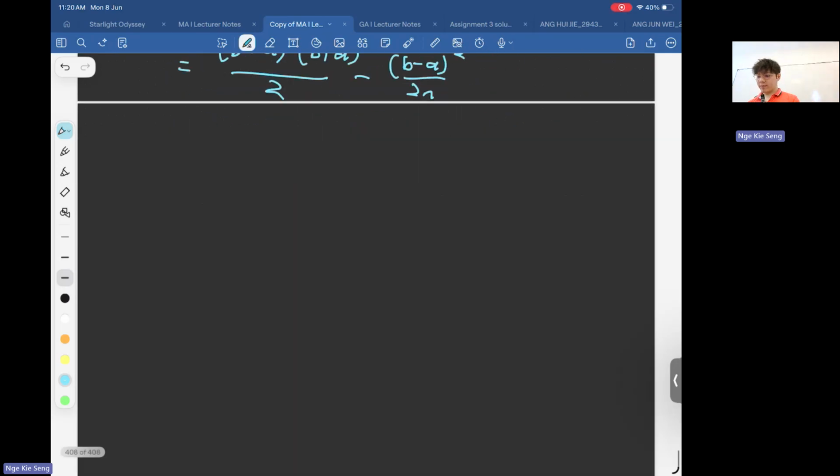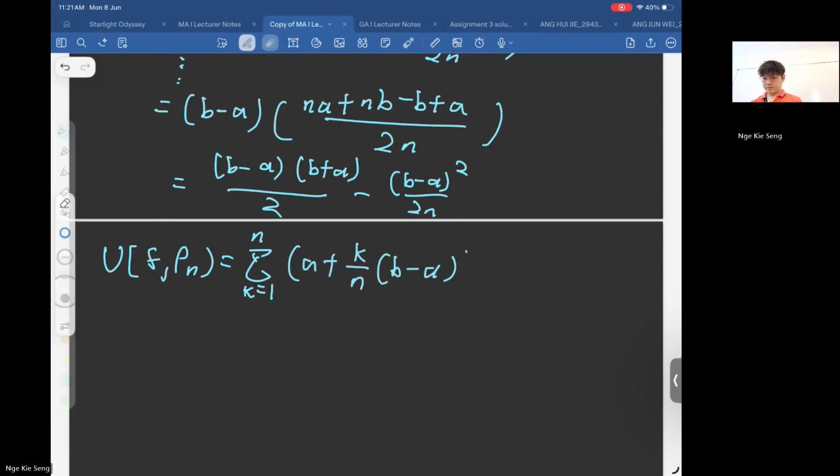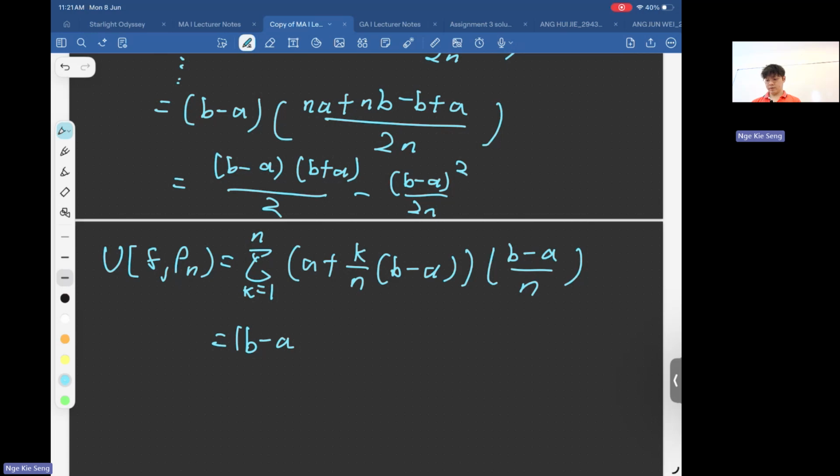How about U, the upper sum U(f,P_n) for this one? So (b minus a) times (a plus (b minus a)) ... here we get n times (n plus 1) over 2n squared.